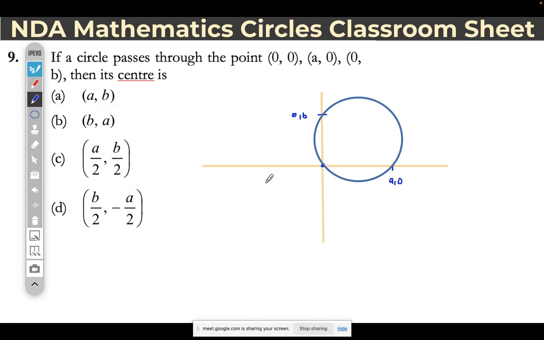Right? The same thing. This will be the diameter. What is the center? It's the midpoint.